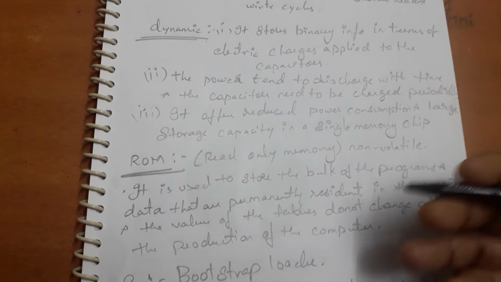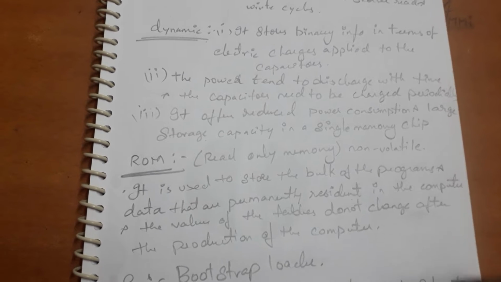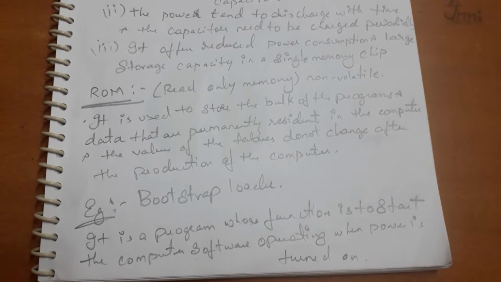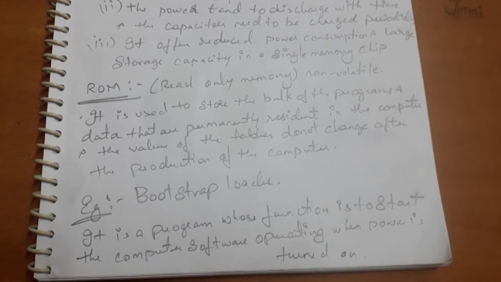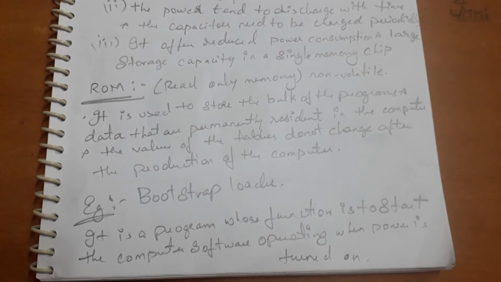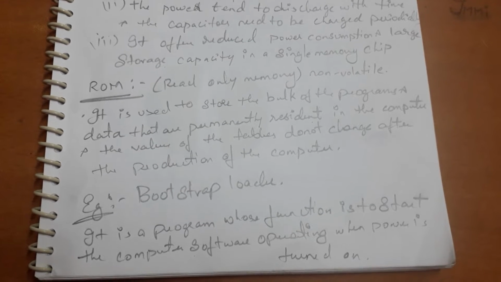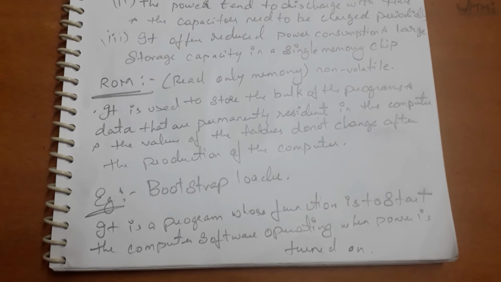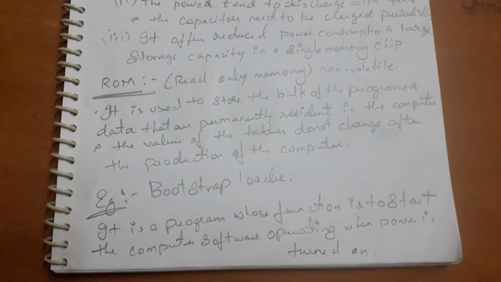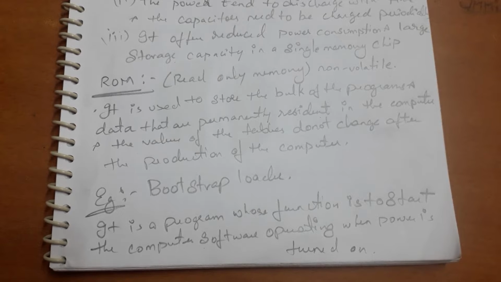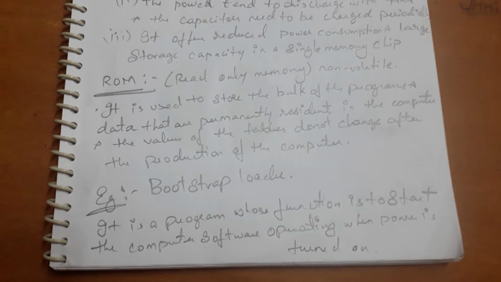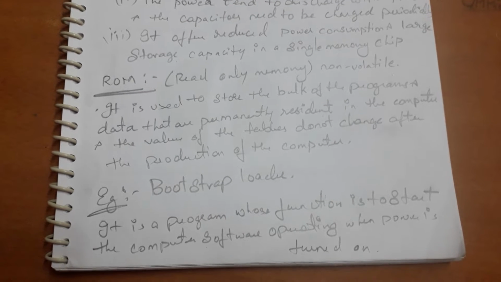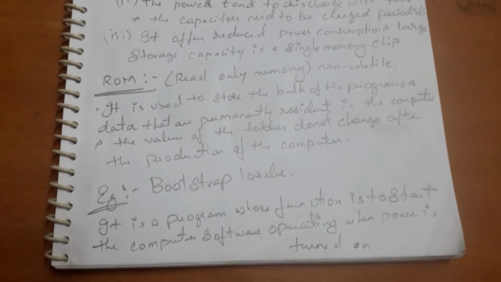In this category of memory, we can also talk about another type of memory which is called ROM. ROM is nothing but read-only memory. The feature of ROM is that it is a non-volatile memory, and you all know what non-volatile is. ROM is used to store bulk of programs and data that are permanently resident in the computer, and the values of the tables do not change after the production of the computer.